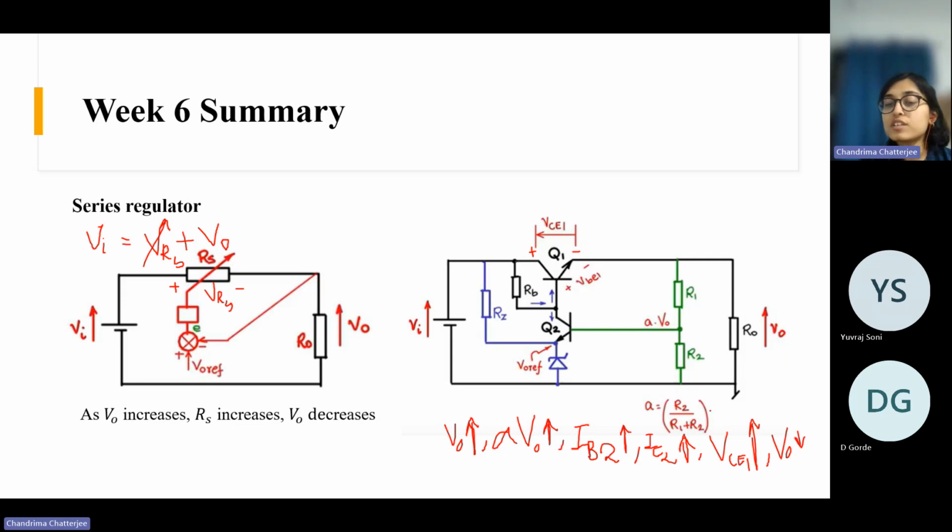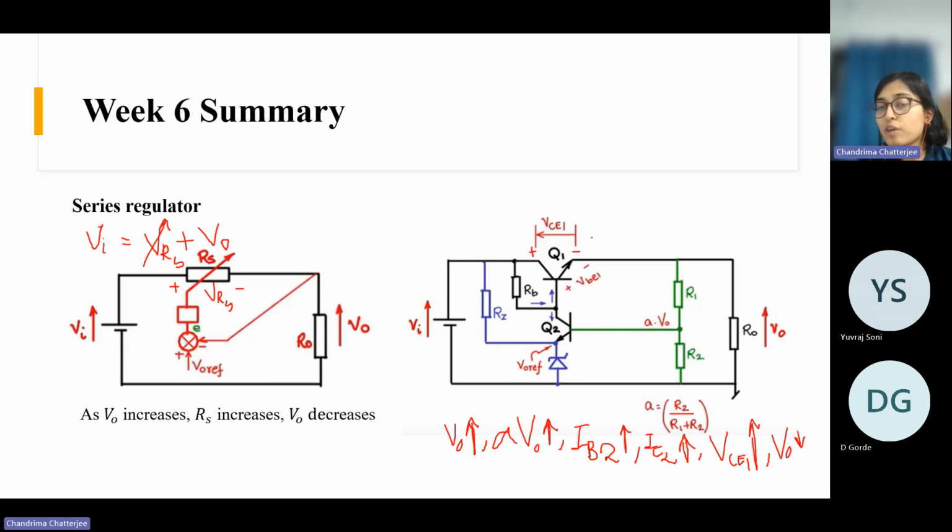So you see how this works. First, the output voltage increased. As the output voltage increased, the feedback went here. So this is the feedback. The feedback came here and caused the base current of Q2 to increase. As this base current increased, the base current of Q1 decreased, right? Then as the base current of Q1 decreases, the voltage drop VC1 of Q1 increases.